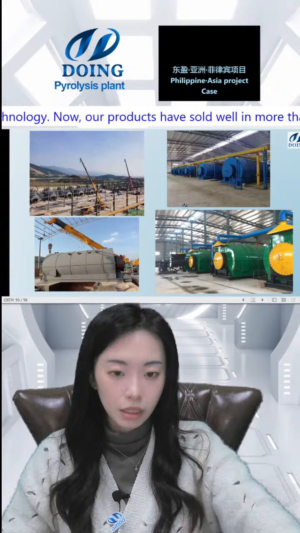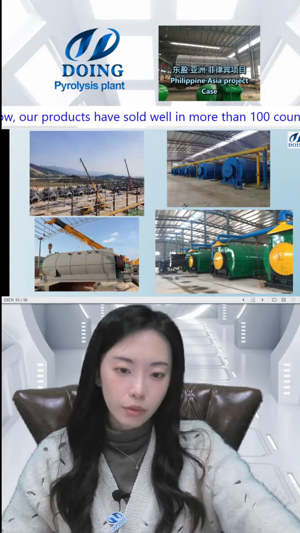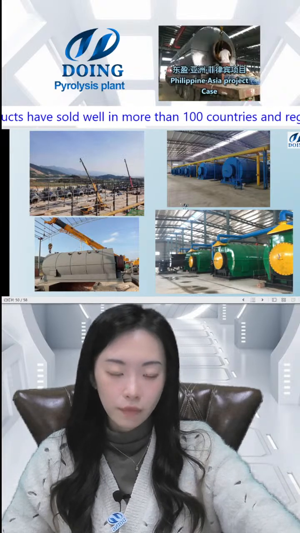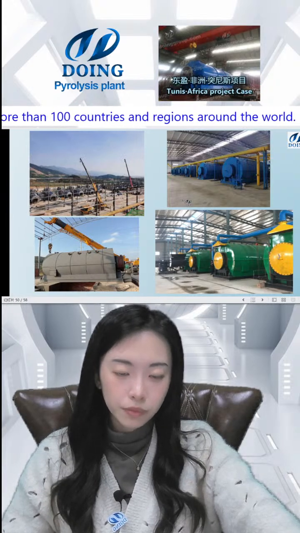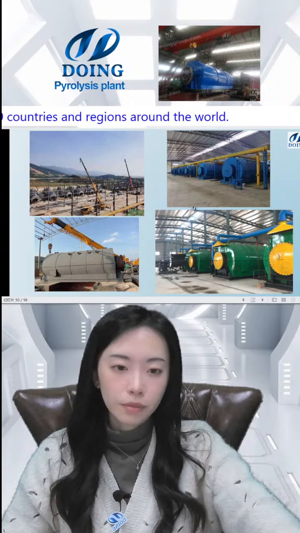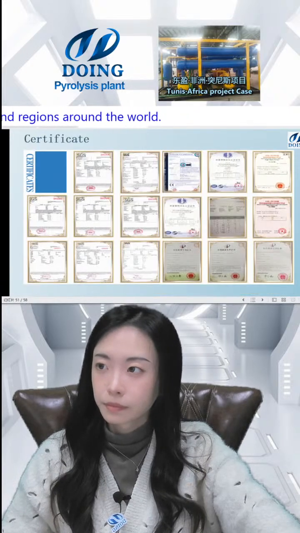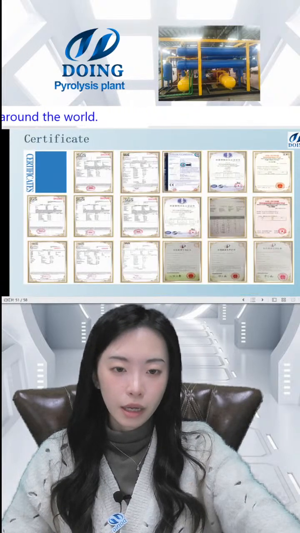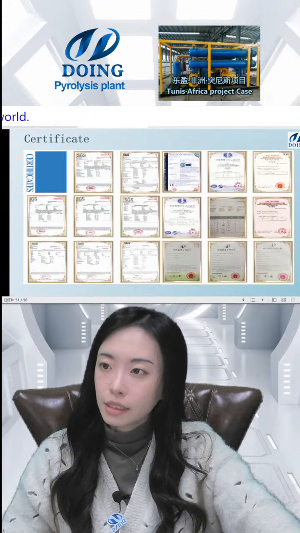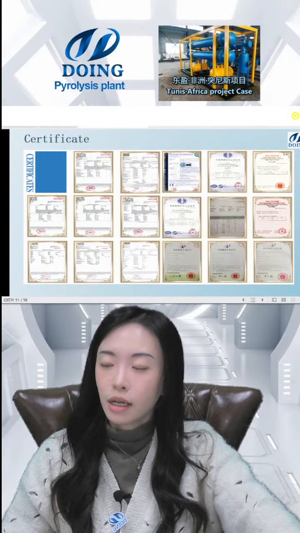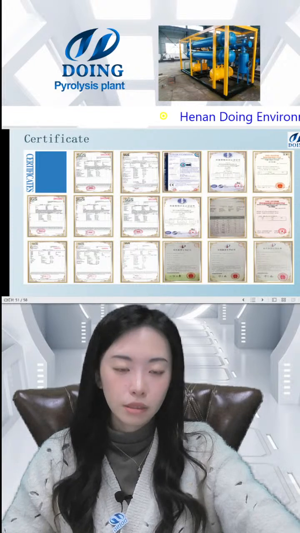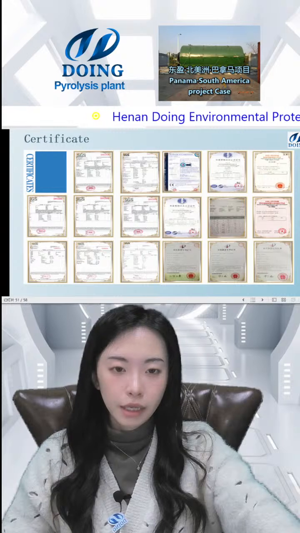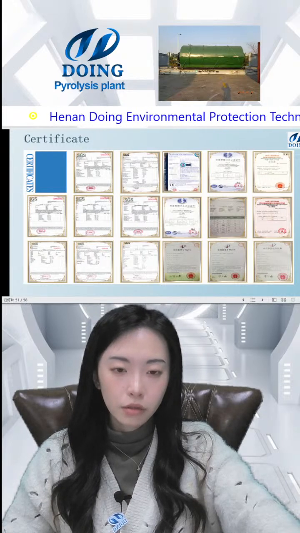Is there any subsidy or support from your government for this business, or is there strict environmental control? We can give information about this. And here are some certificates like our patent, the certificate of the SGS, ISO, or other places, or some certificates in the European Union or other continents.